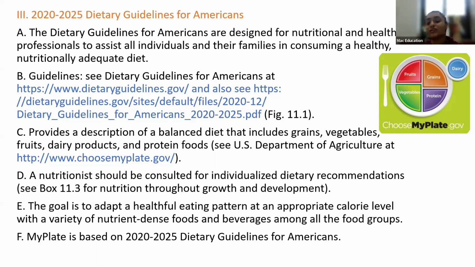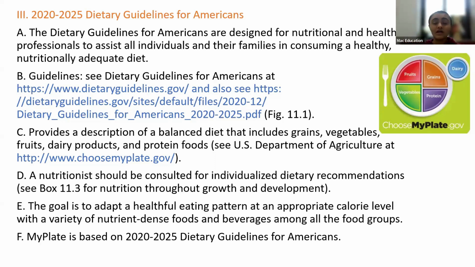The 2020 to 2025 Dietary Guidelines for Americans. They usually modify these guidelines after a certain period. For example, this is for 2025. After completion of 2025 they will provide new guidelines related to the current scenario.